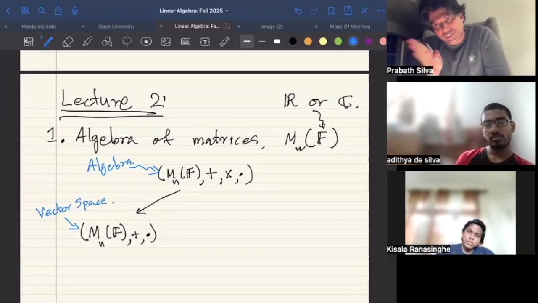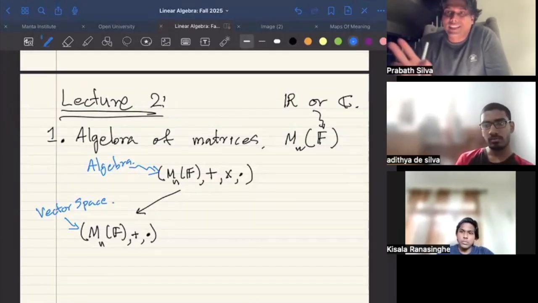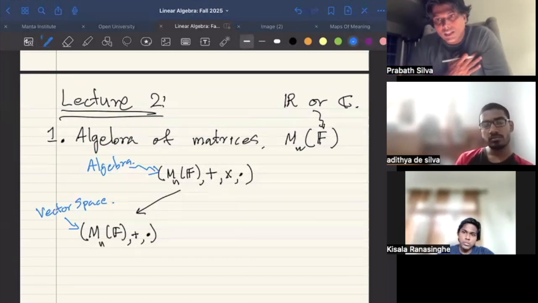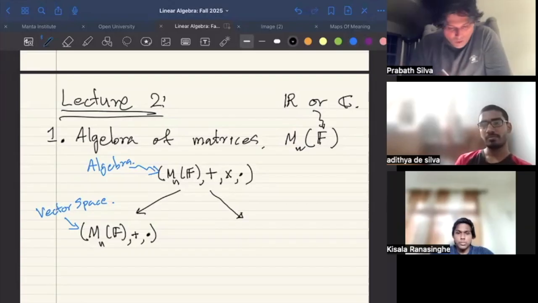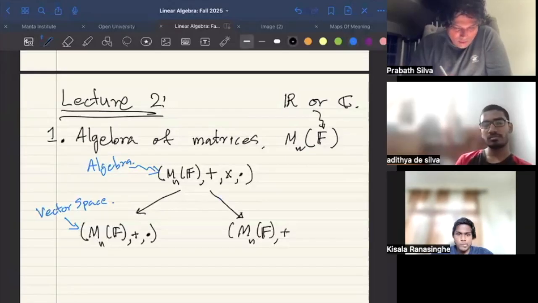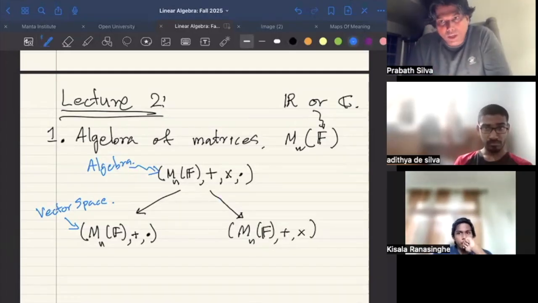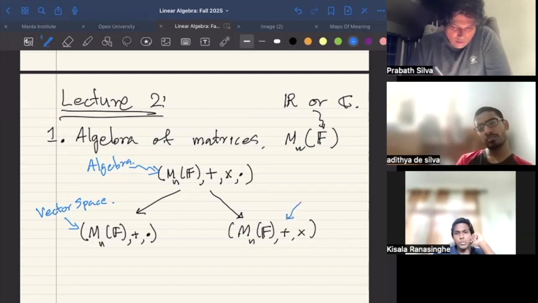You remember with vectors, you can add them and you can scalar multiply them. You cannot multiply two vectors and get a vector; there is the cross product, but it's a special case. Good. Now the next thing is, if you just consider matrices, M_n(F), with addition and multiplication without referring to the scalar multiplication, what you have here is a ring.